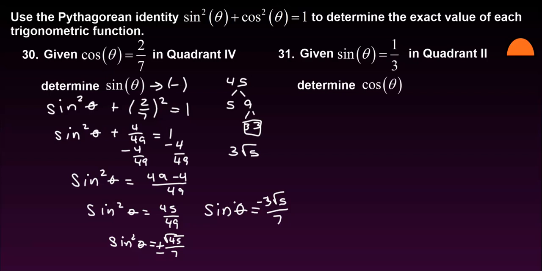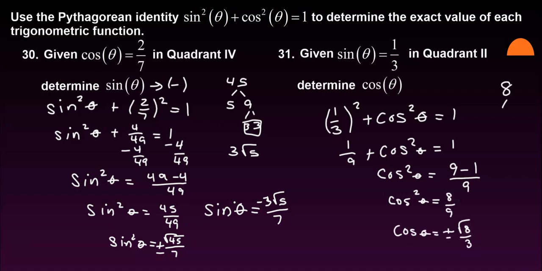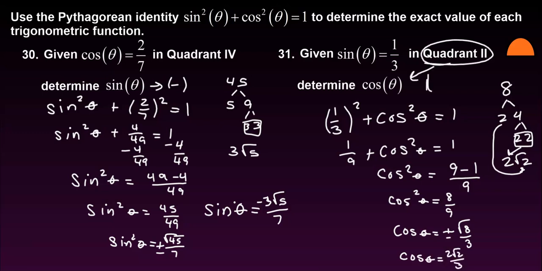Okay, so this time we're given sine theta equals 1/3. After plugging in 1/3, you get 1/9.